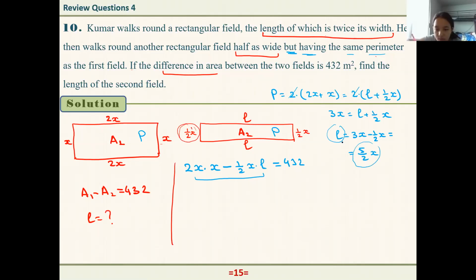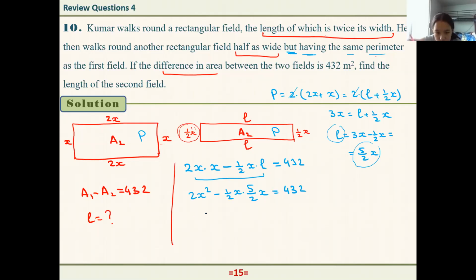So instead of L, I can write this thing, right? So if you substitute here, 2x times x, 2x squared, minus 1 over 2x times L, where L equals 5 over 2x. On the right-hand side, we have 432.